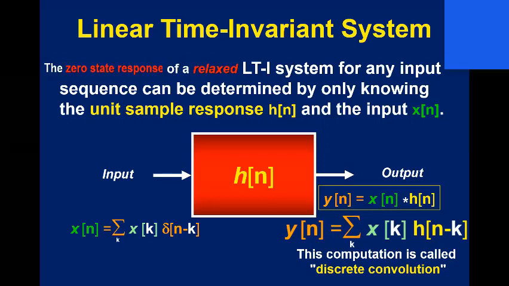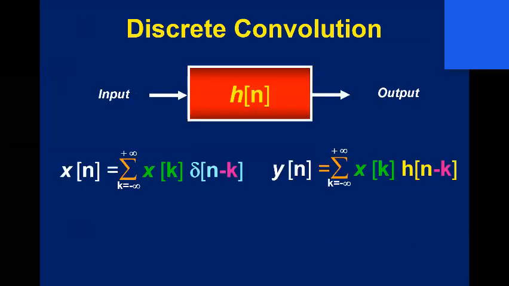Again, I want to emphasize that the output that we can compute here, y of n, is a zero state response. This will give us the output of the system if we are starting with a system that's relaxed. But again, we can always look at this convolution summation and remember what it means conceptually.